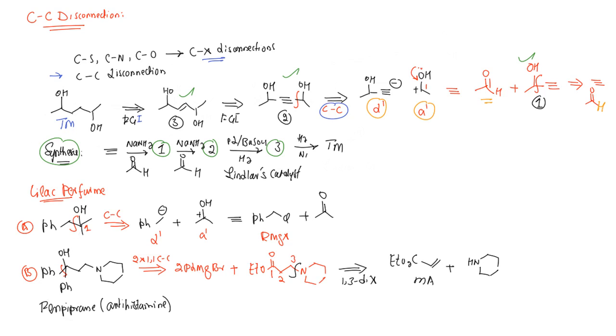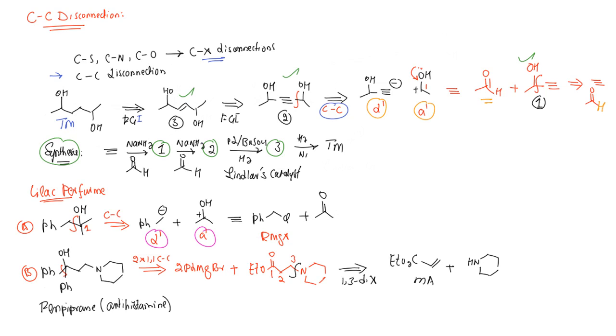I am going to subject it to a carbon-carbon disconnection, getting two fragments such as D1 and A1. Their equivalent reagents will be benzyl chloride and acetone. In forward synthesis, we can react the benzyl chloride with magnesium to get the phenyl magnesium halide, and when it reacts with the ketone, it will give the target material.